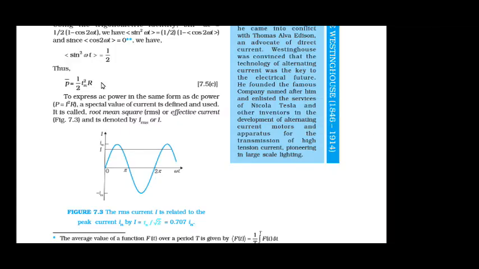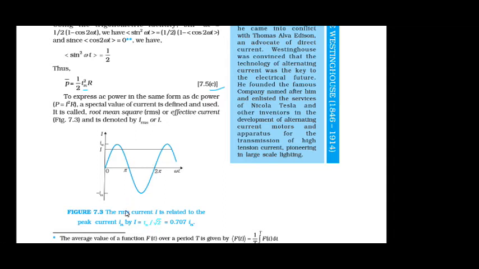We have derived the equation 7.5c, P mean is equal to half Im square R. This is called root mean square or effective current.